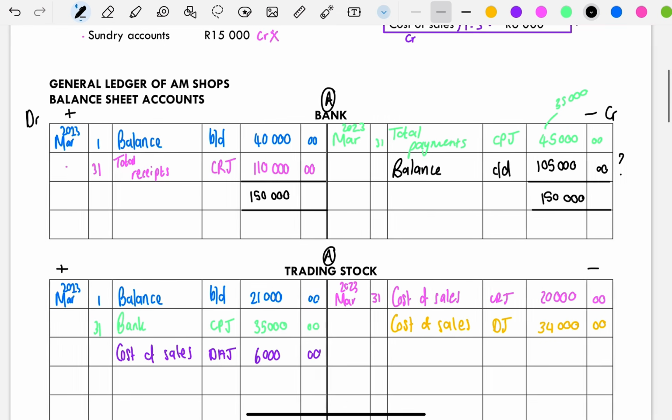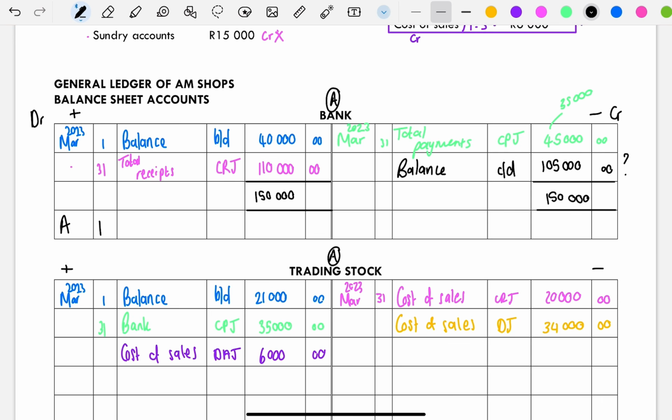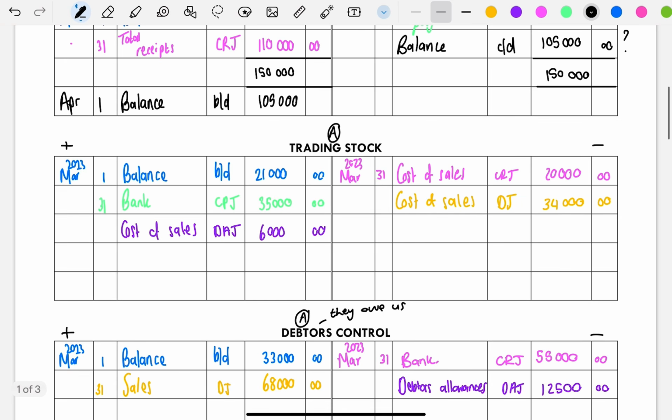So the final step would be to say the next month, which is April, brought down as 105,000. So we can see this business's bank account went from having 40,000 Rand in it to now having 105,000 Rand in it.